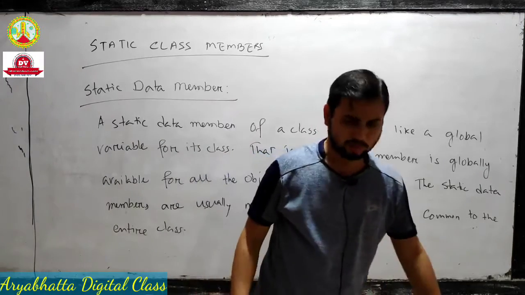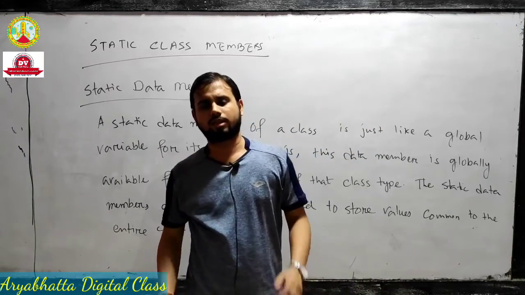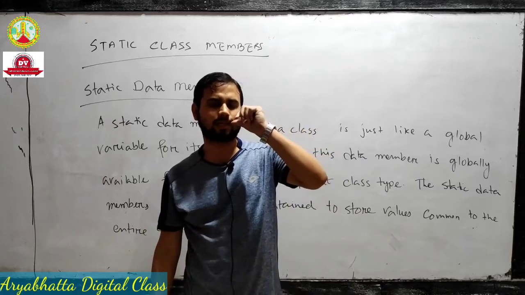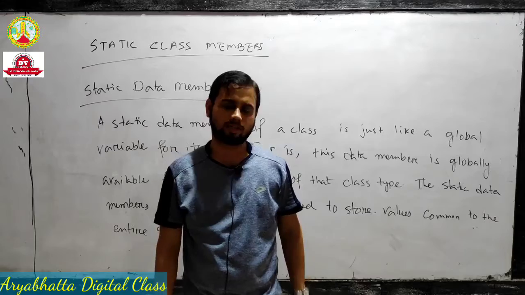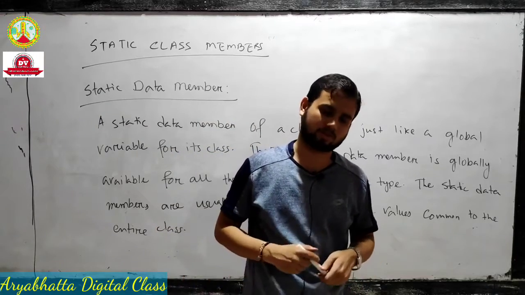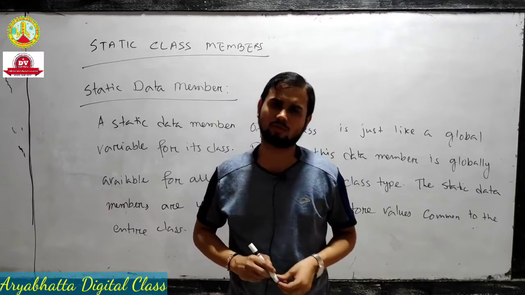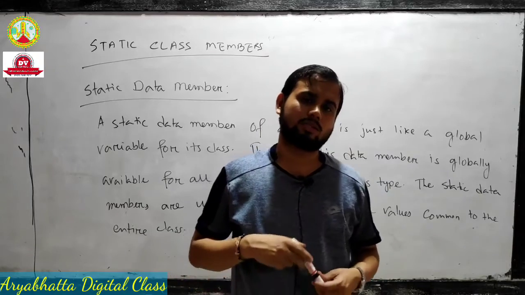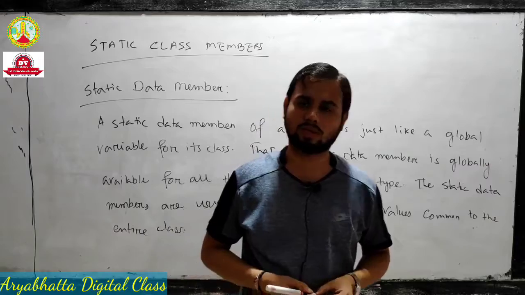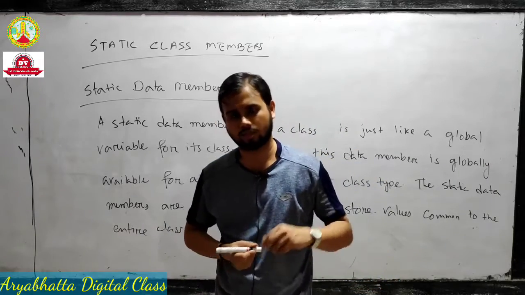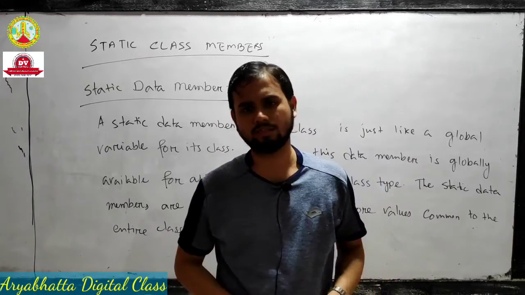Means data members you already know. The variable we used inside the class is called data member, and the function we declared inside the class is called member function, right? But static is what? In some special tasks we use special data member. Okay, when we do programming, then you will clearly understand the thing.